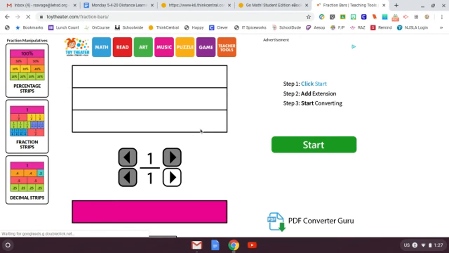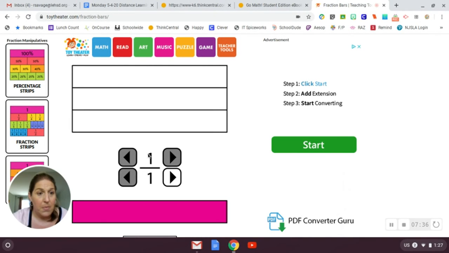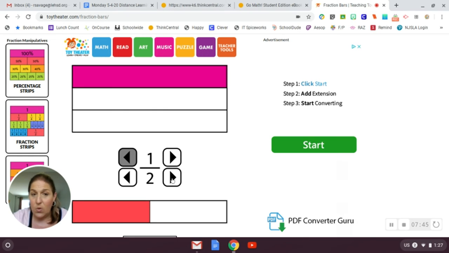Okay, this is another way to see it. And I kind of like this one because you can put one whole up here, and that's a whole. The way this works is you change the numerator and the denominator. Do you see how the size of the piece changes?